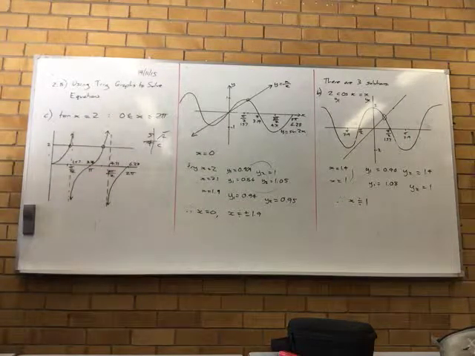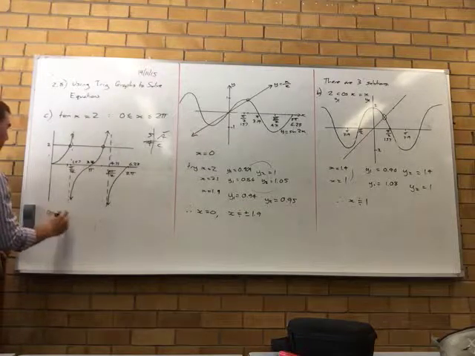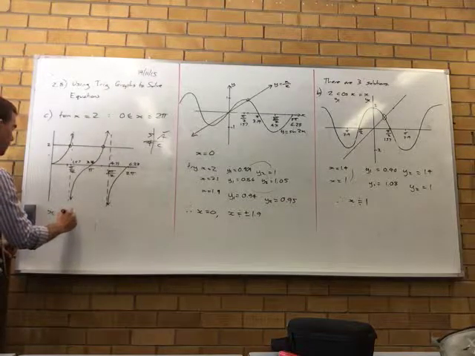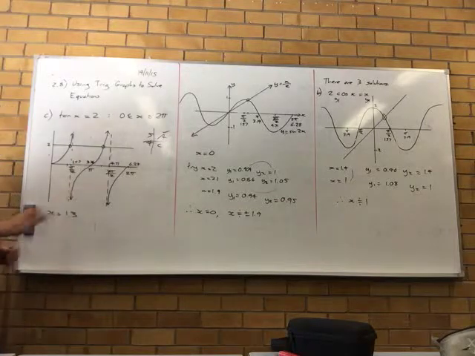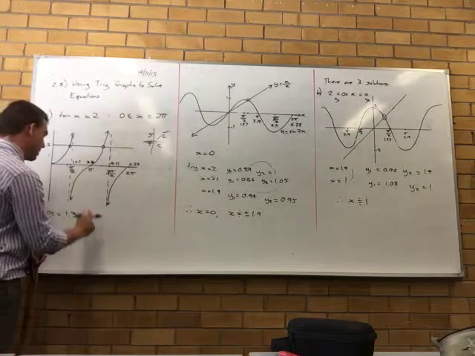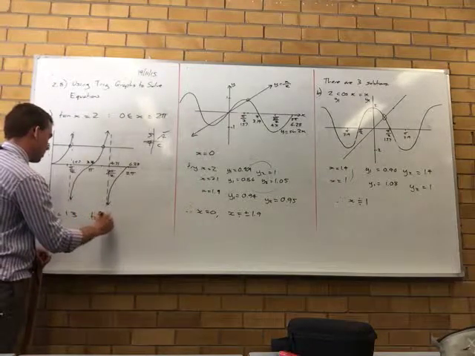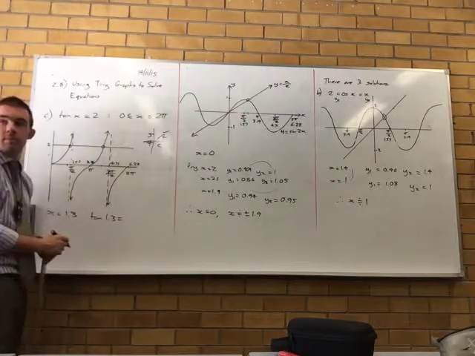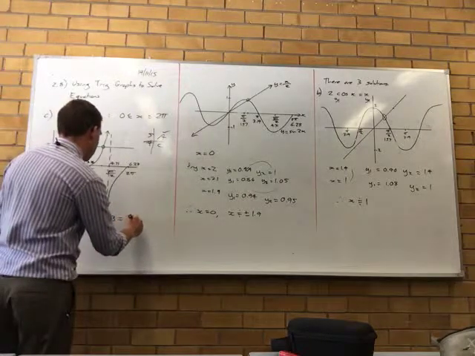Okay, so with a suitable approximation, let's try x is 1.3. Is tan of 1.3 close to 2? 3.60.